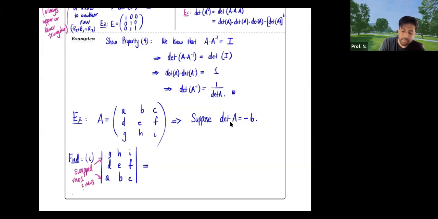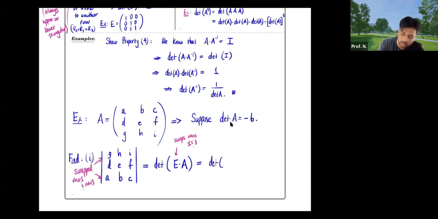Now, this is equivalent to saying I want to find the determinant of an elementary matrix E, which swaps rows 1 and 3, being applied to A. And applying property number 5 of the product of two matrices, this would equal what?